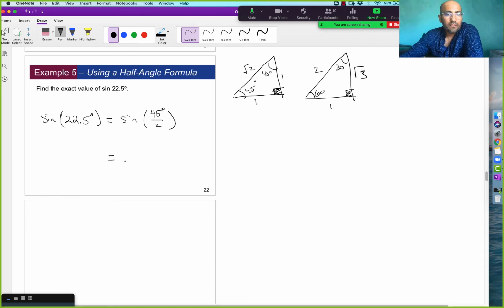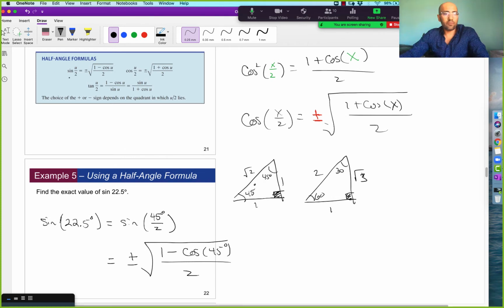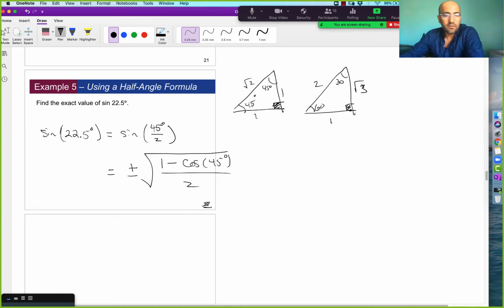And according to our formula, this is going to be equal to plus or minus the square root of (1 minus cosine of 45 degrees) divided by 2. That's just a straightforward application of this formula for sine: sine of angle over 2 is equal to plus or minus the square root of (1 minus cosine of the angle) divided by 2. And the benefit of that is that I know what cosine of 45 degrees is.